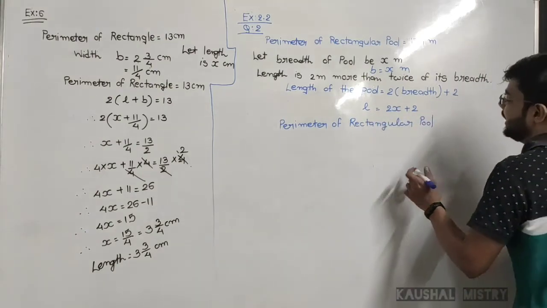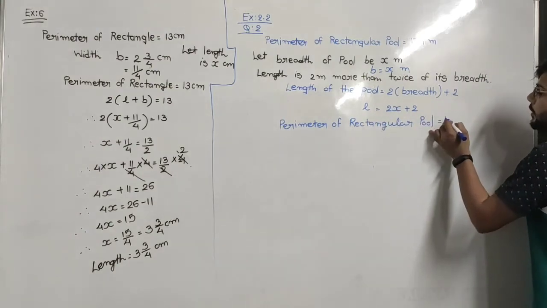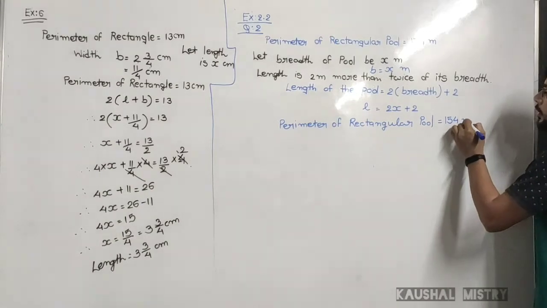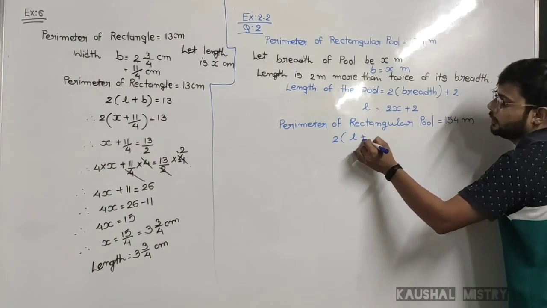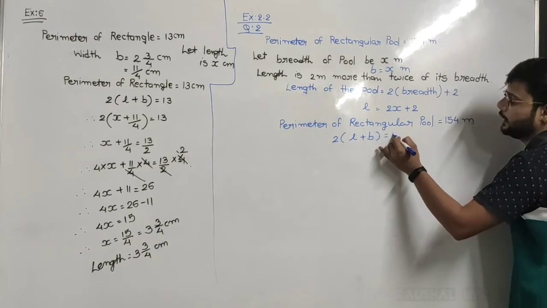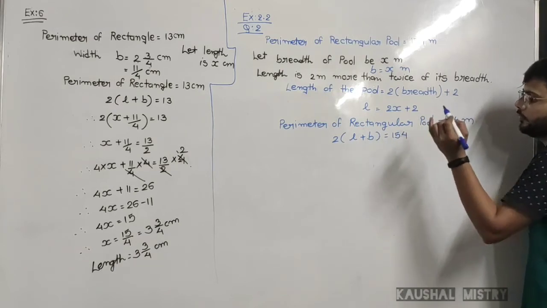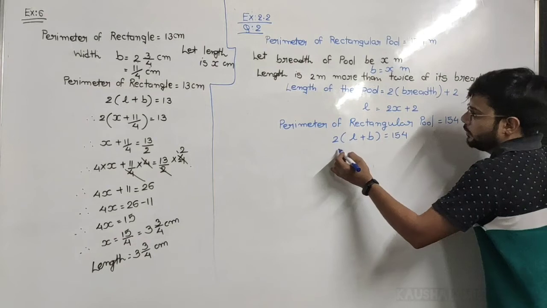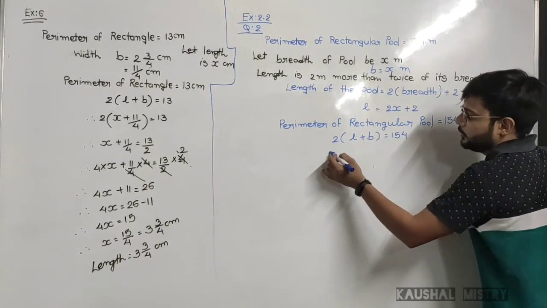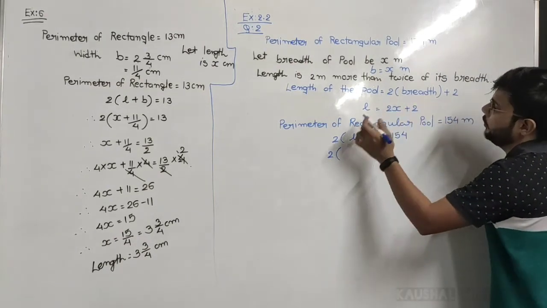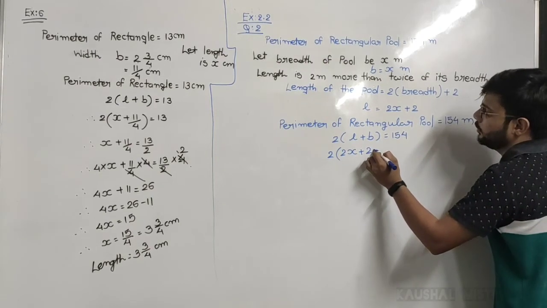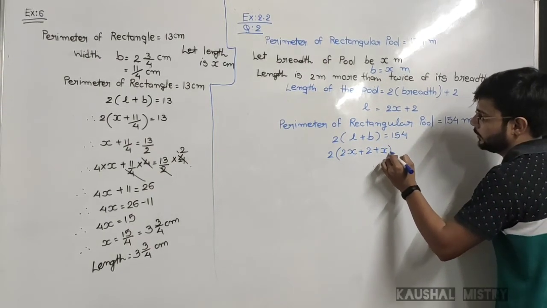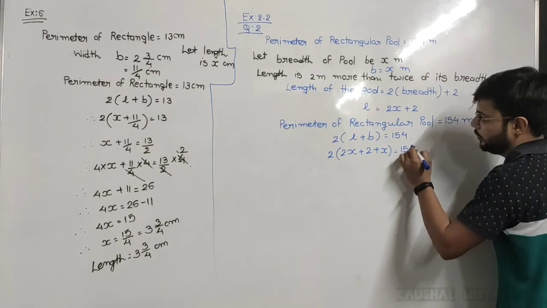That means we have to find length and breadth. The rectangular pool will be 154 meter, and we have already discussed the perimeter will be equal to 2 multiplied by length plus breadth, that is equal to 154. Now this 2 will go in division. Okay. Now length is equal to 2x plus 2, breadth is equal to x, that is 154.